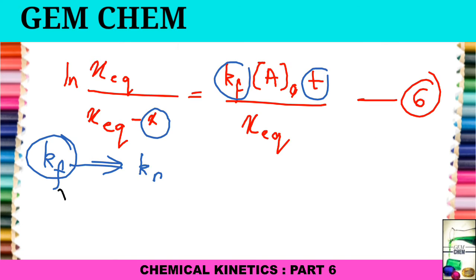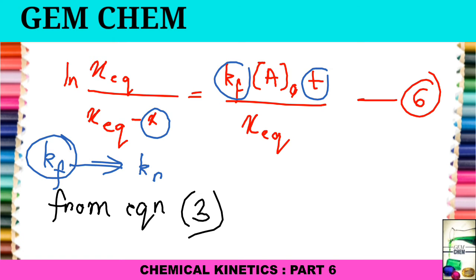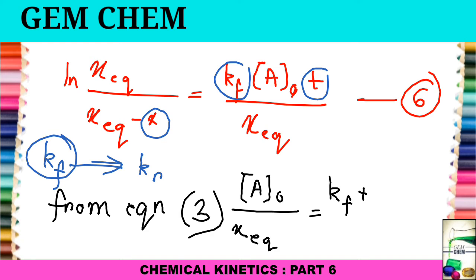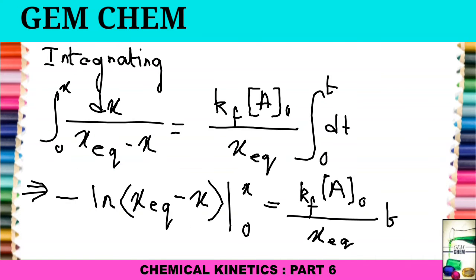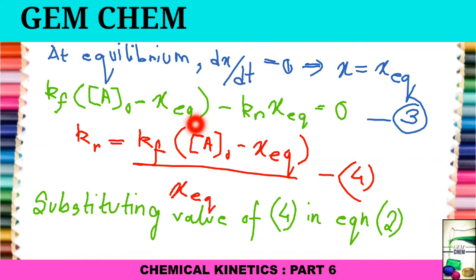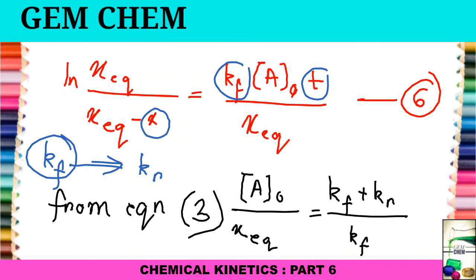Next step is that from equation 3, we can write it like this, that is A naught by X equilibrium is equals to Kf plus Kr by Kf. Let us see again equation number 3. This is our equation number 3, and from here we can directly write this equation, what we get as equation number 7. So let us write this as equation number 7.